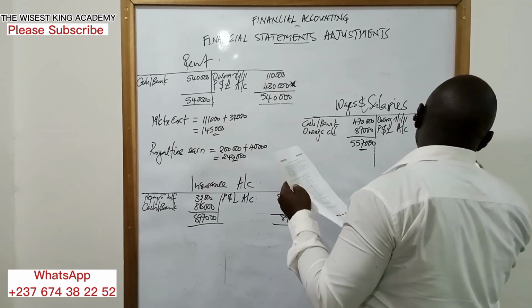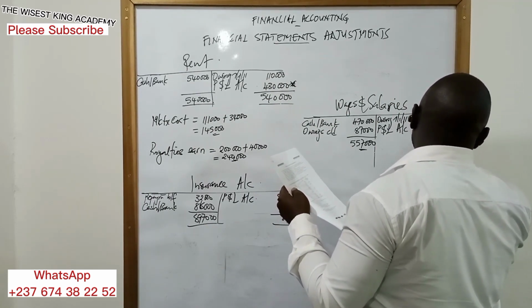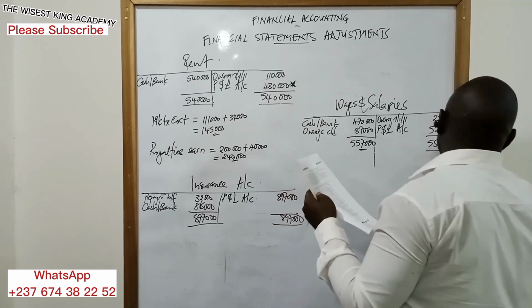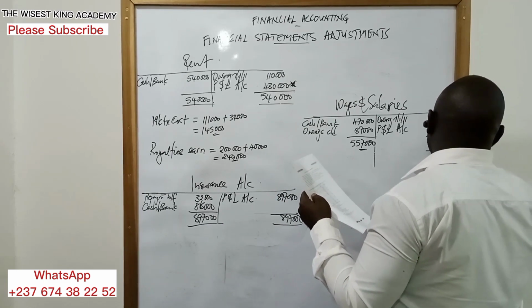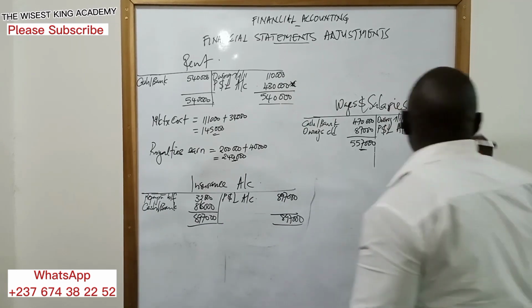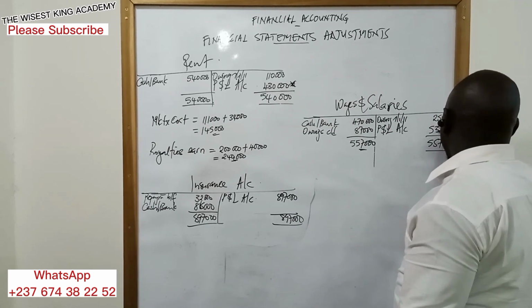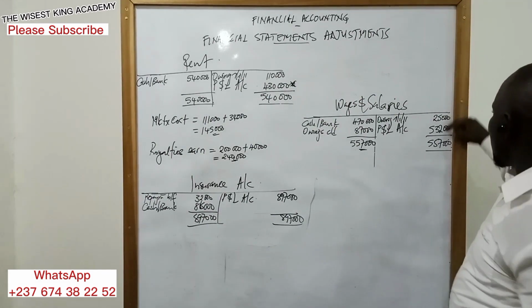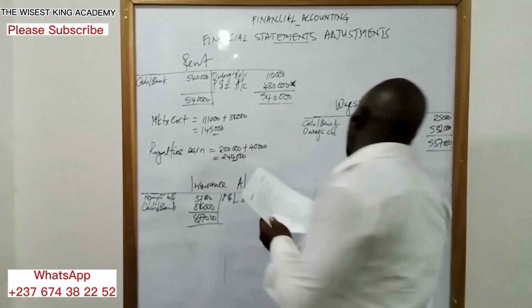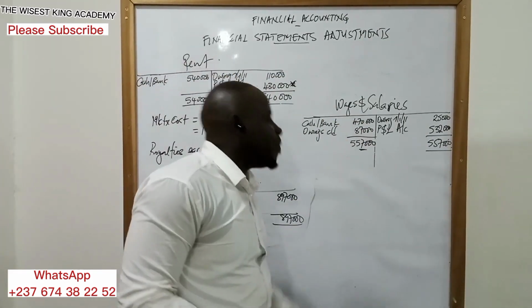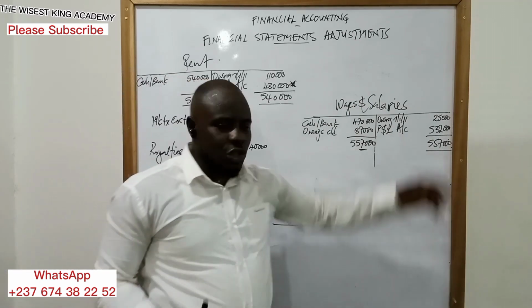We need to subtract that. This plus this is 532,000. So the amount of wages and salaries due for the period is 532,000.